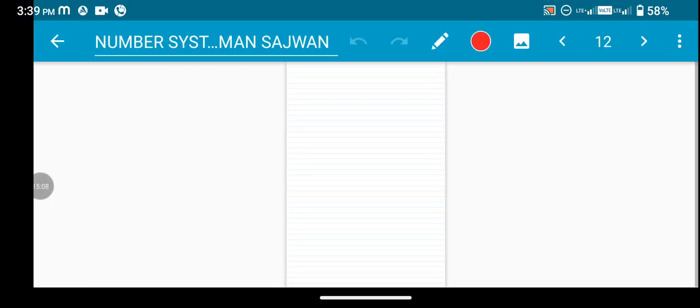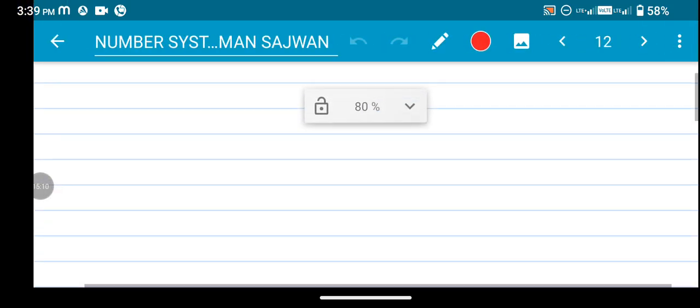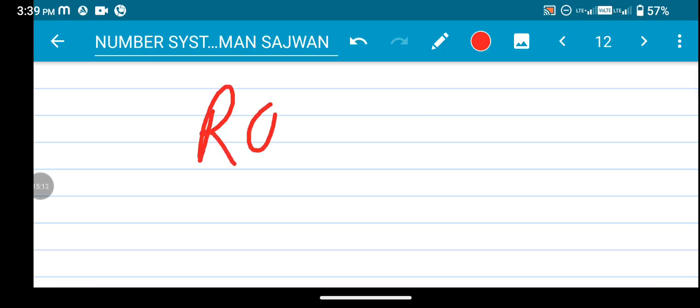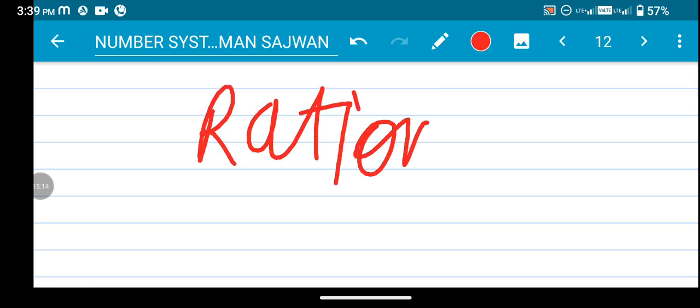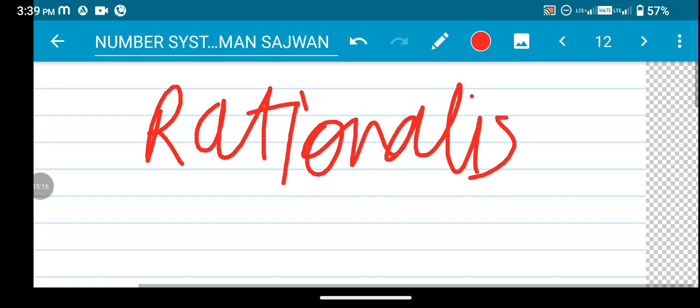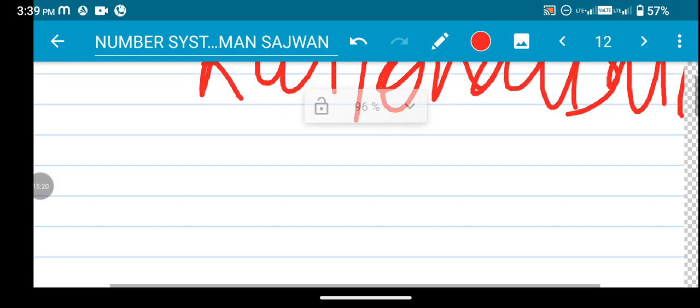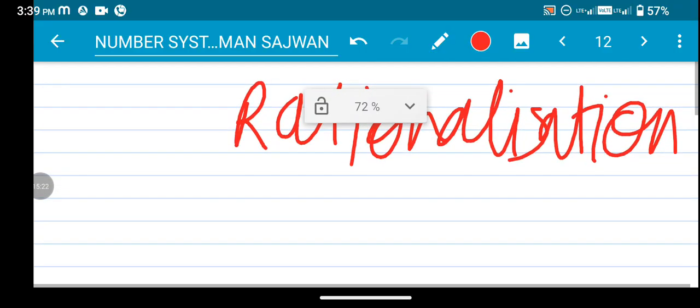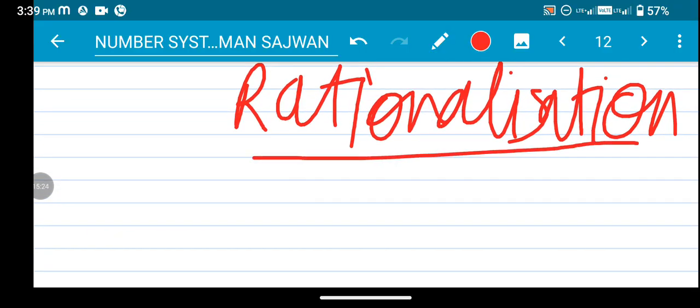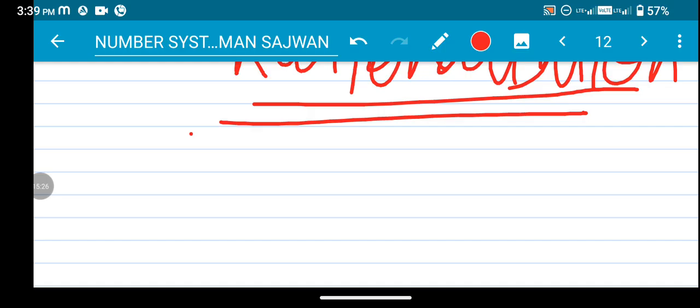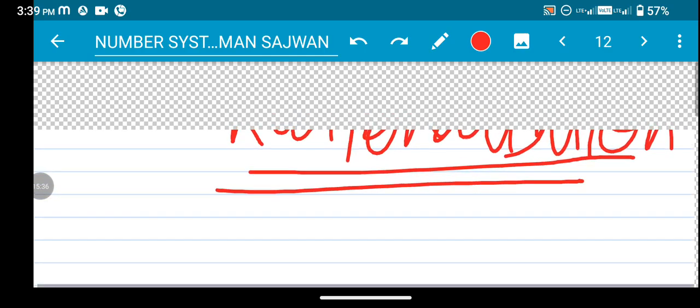Okay, here I am telling about rationalization. On the next page I will tell you vulgar form or root bar questions. Rationalization means, as you already know, that we can't leave the root in the denominator.